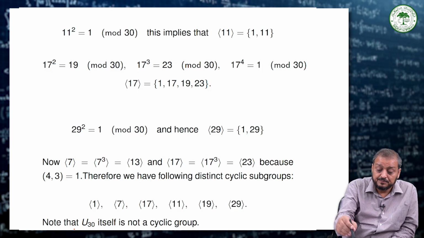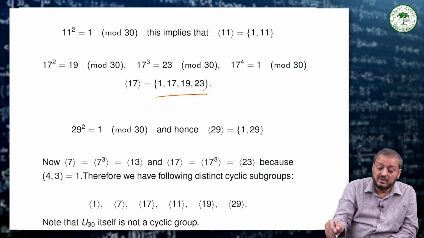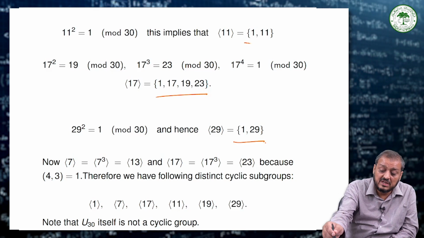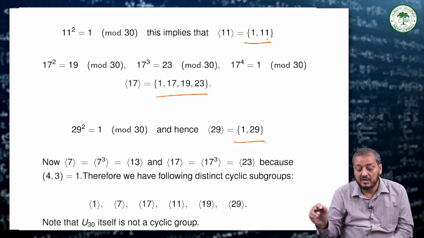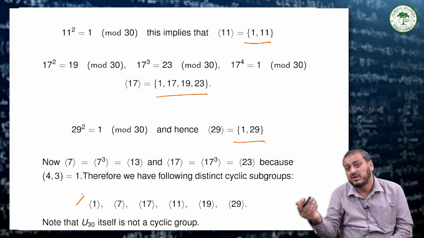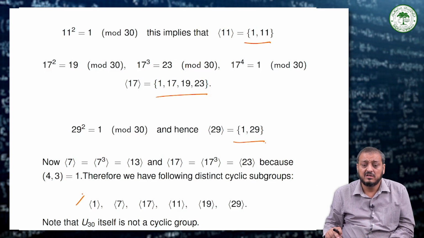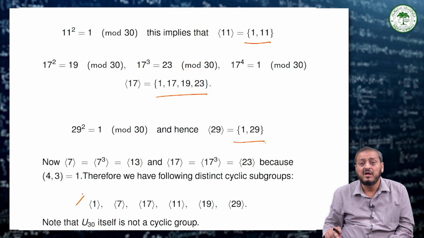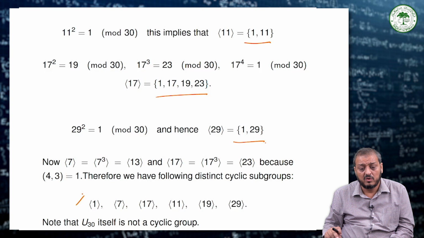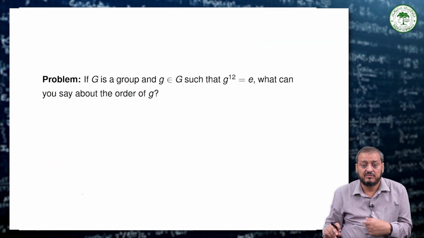Clearly these are subgroups, and you can easily verify this by calculation. This is the trivial subgroup, and then U30 itself is this. But U30 itself is not a cyclic group.